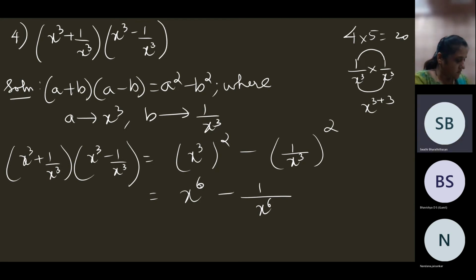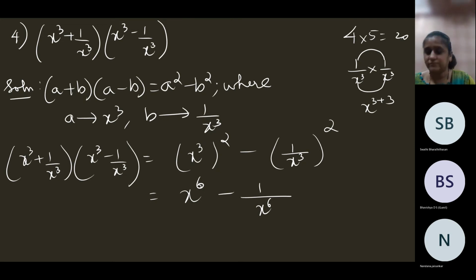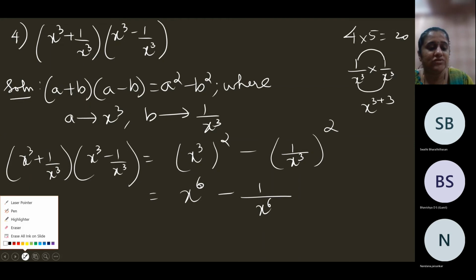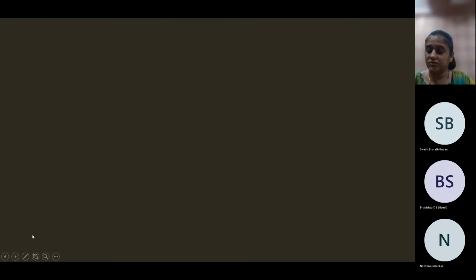Done, ma'am. Very good. Any questions, children? No doubts, ma'am. All right. Now this is for Bhavishya. The next one will be for Swati. I think it's question number 5.